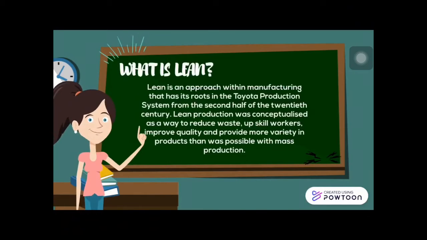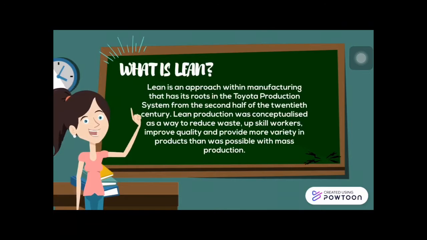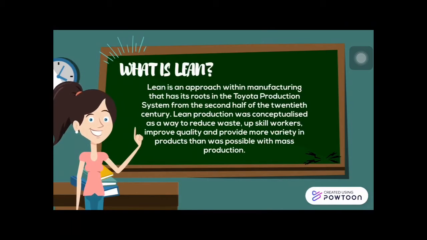Lean is an approach within manufacturing that has its roots in the Toyota production system from the second half of the 20th century. Lean production was conceptualized as a way to reduce waste, upskill workers, improve quality, and provide more variety in products than was possible with mass production.